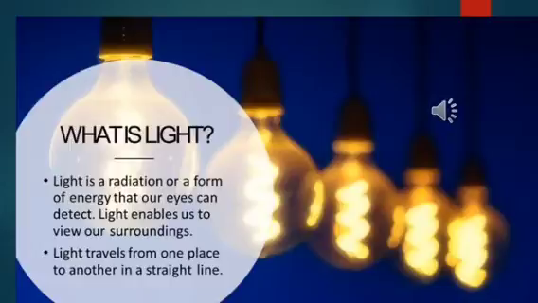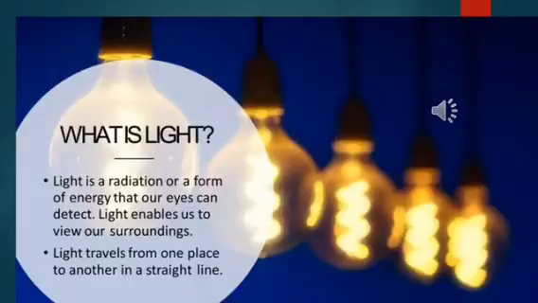So now how do we define light? There are so many things which are the sources of light, right? But how do we define this term light exactly in physics or in science? It is referred to as a radiation, or a form of energy.